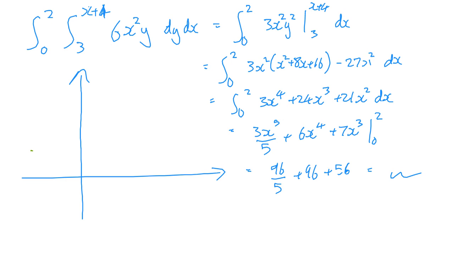Y equals 3 looks like this. And y equals x plus 4 looks like this. Right? So y is varying between those two things. In effect, y is sitting between these two graphs. It's going from a lower limit of 3 to an upper limit of x plus 4. Of course, whereabouts on the x-axis it is depends on where it reaches. But then it's also telling me that x is running from 0 to 2.